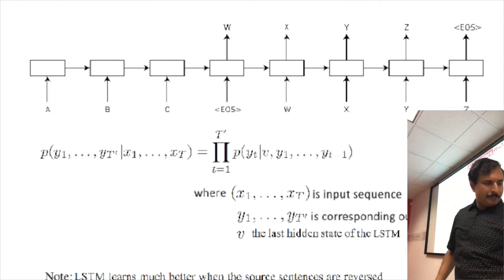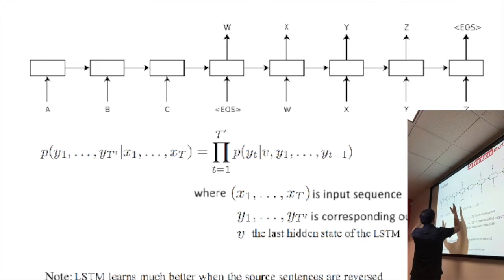Let me show a picture again. You have an LSTM where information is going from left to right. You stack it with another LSTM on top where you feed C, B, A, the reverse sequence, at every time step.